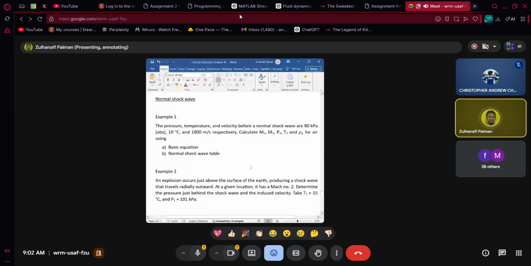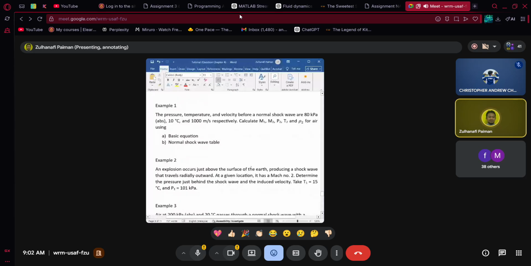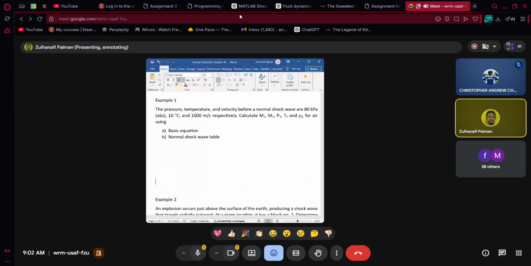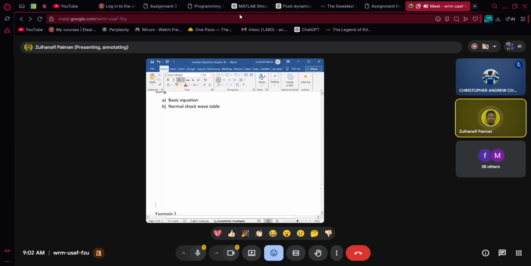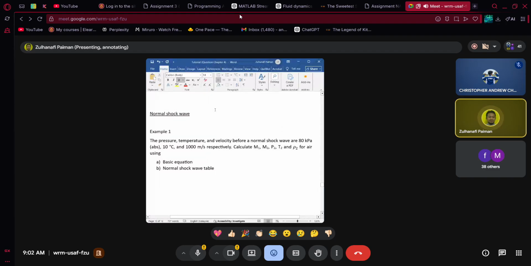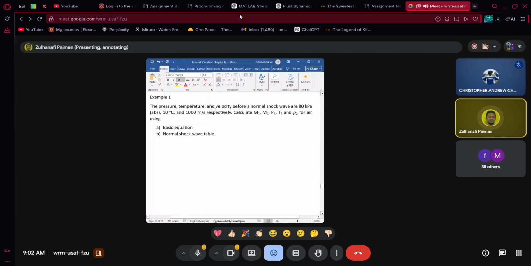Everyone, please try to do this example number 1 first. Table, you can refer to the table I have shared in the WhatsApp group previously. They give you the pressure, temperature, as well as the velocity before the shock wave. So you have to find the Mach number 1, Mach number 2, pressure.